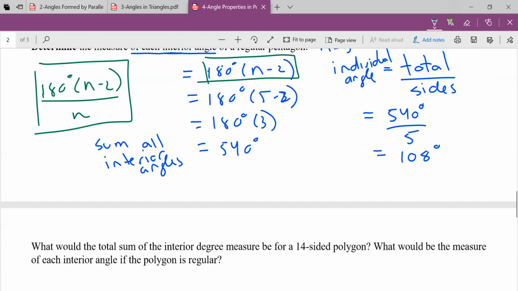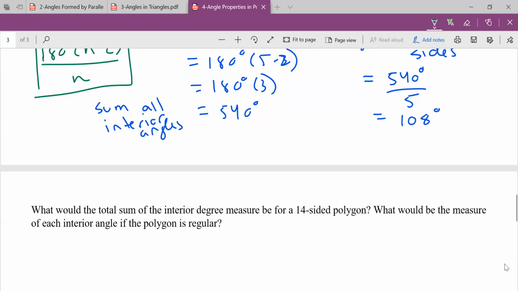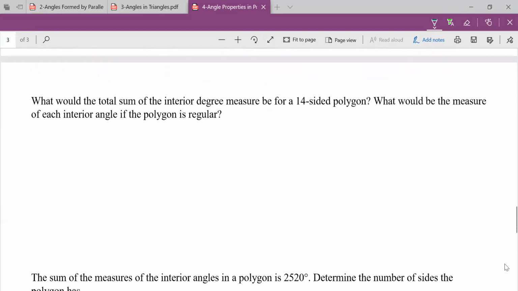All right, let's try another one here. So this one says, what would the total sum of the interior degrees measure be for a 14-sided polygon? I have no idea what the name of a 14-sided polygon is. Okay, what would the measure of each interior angle be? Okay, perfect. So this is really just us putting it together.